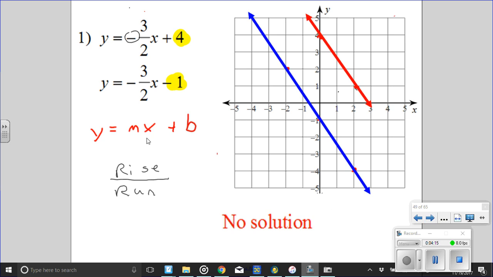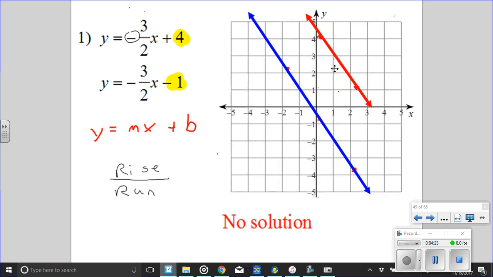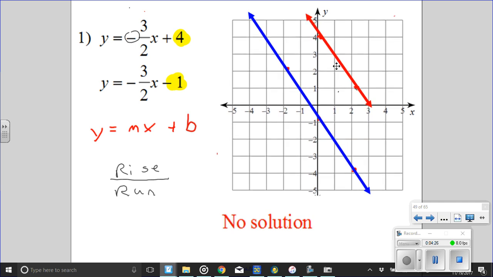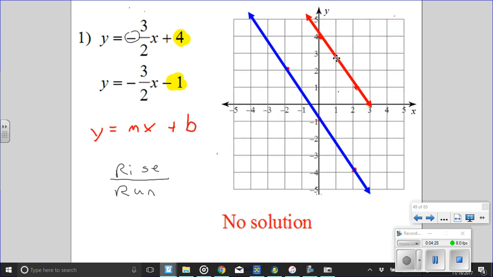Now, that's the answer for number one here. Keep in mind this is a special case where there's no solution. Another special case is where you have the graph and both lines overlap each other.